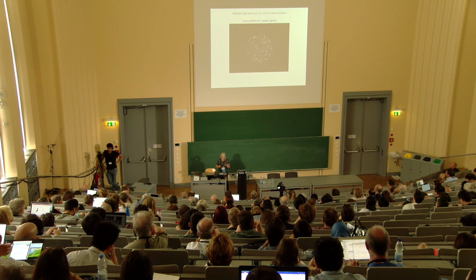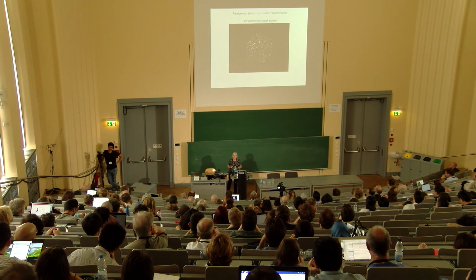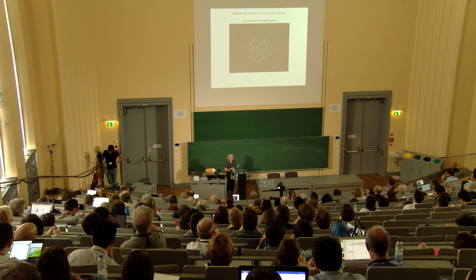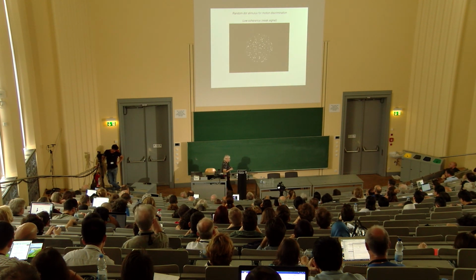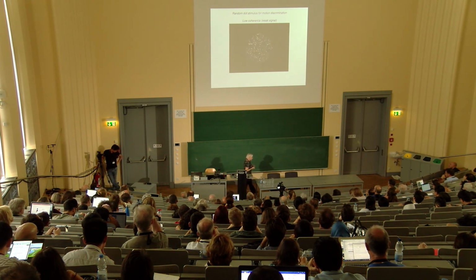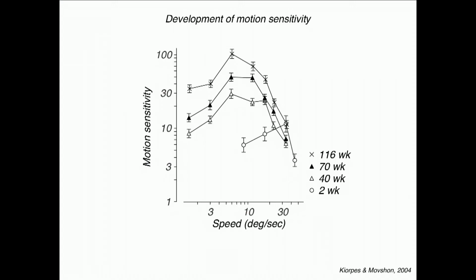And then we can actually degrade that signal by reducing its coherence, and then you would have a much harder time telling what the direction of motion of the overall global aspect of that display is. And we challenged infant monkeys to give us the direction of motion in displays like these as a function of coherence. And so these are data from an individual infant monkey, again, tested at the ages indicated here.